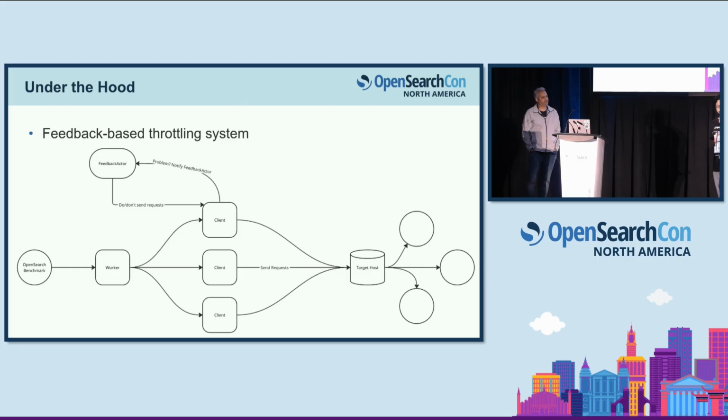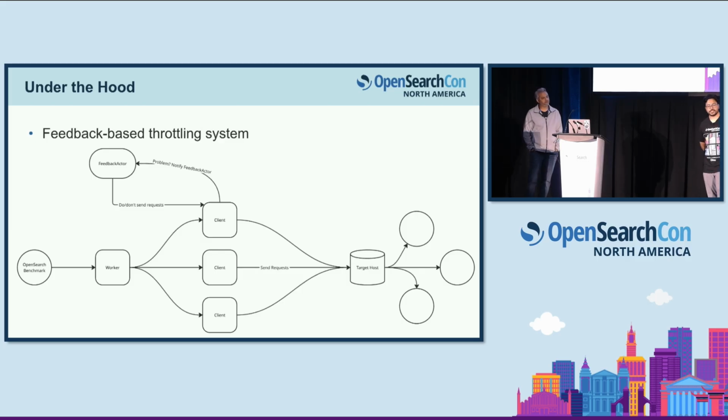As you can see, the feedback actor and this client up top are communicating back and forth. But really, the feedback actor is doing this with all of the clients. This represents the back and forth feedback loop that we've mentioned a few times now. During a test, if a client runs into any issues, maybe a request timed out, or maybe we got an error response for some reason, it's going to communicate this to the feedback actor via a multi-processing queue.